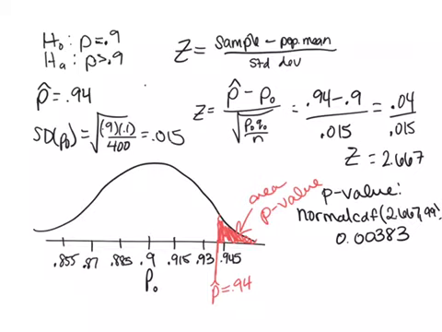So now we can write a conclusion. Our p-value is small, right? 0.003. This is a 0.38% chance of obtaining our sample if the null hypothesis were true.